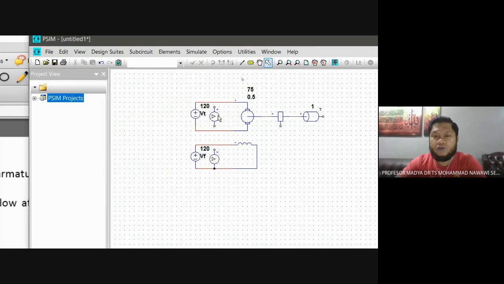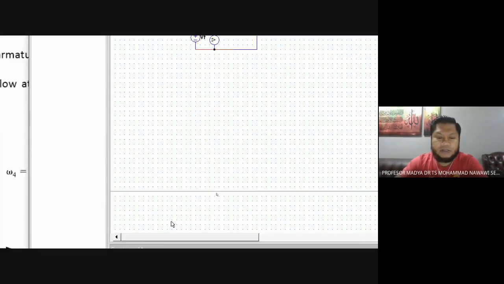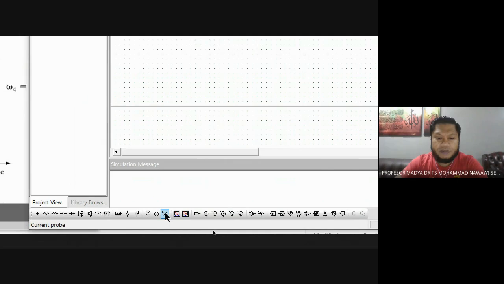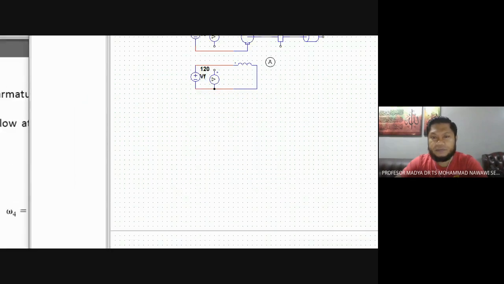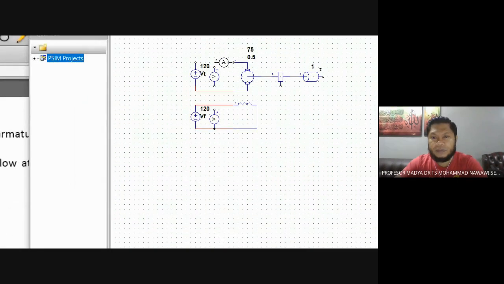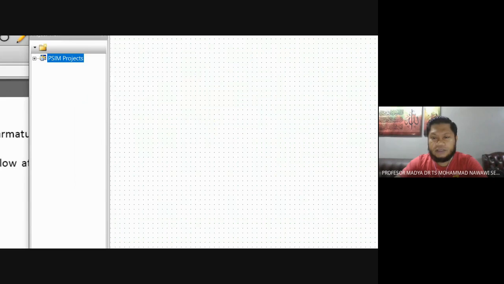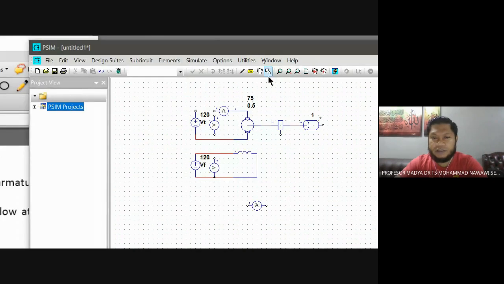Okay, what else? We want to look at the current. So I have to disconnect that. Use a current probe, as well as the other probe here. Okay.